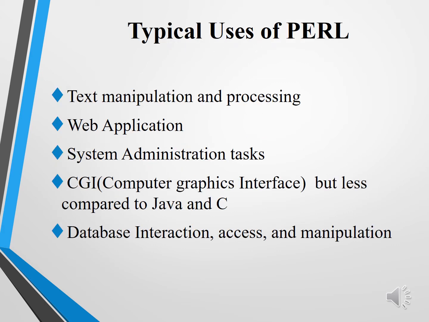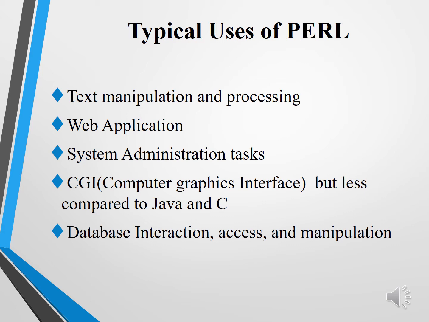Typical uses of Perl: text manipulation and processing, because it was first designed for text manipulation, web applications, system administration tasks, and computer graphics interface. It is designed also for computer graphics interface, but less compared to Java and C. Java and C are more used for computer graphics interface. Another use is CGI.